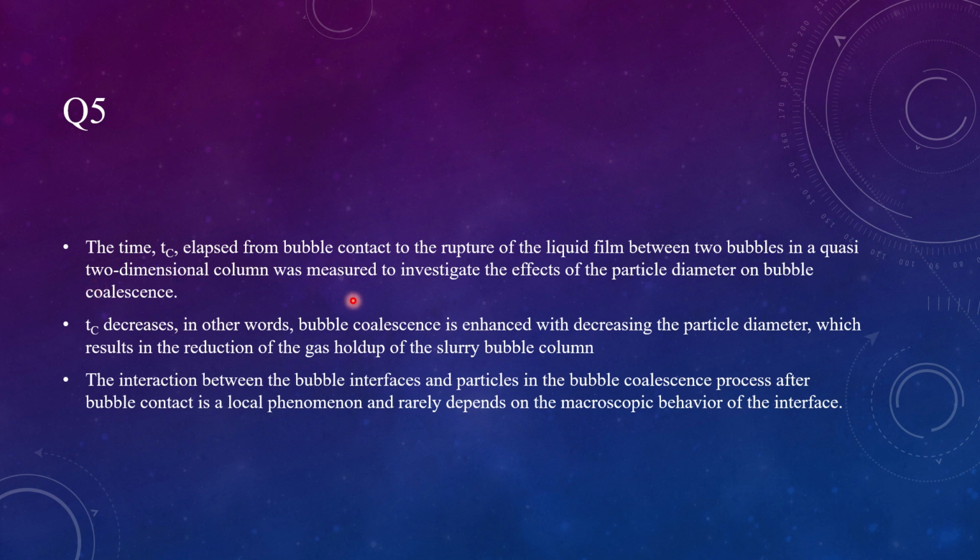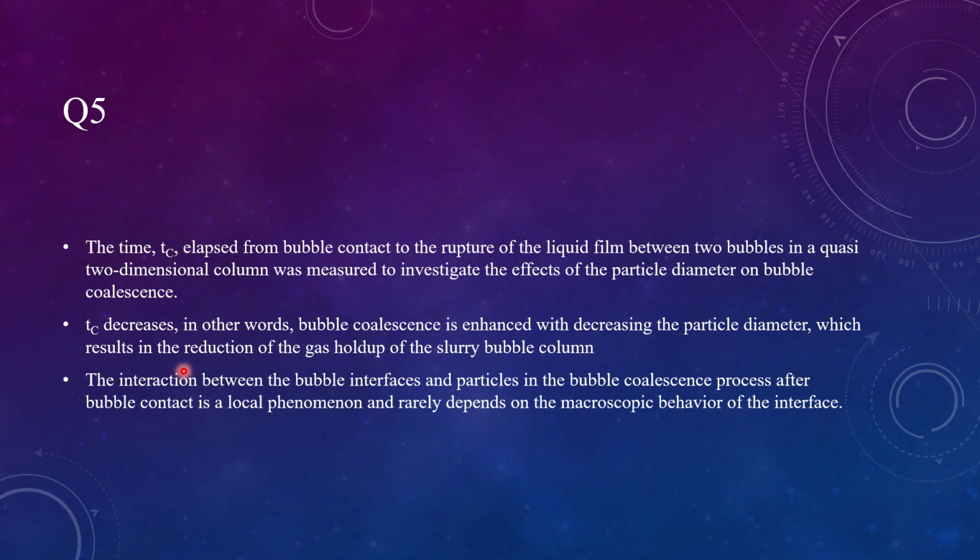It is measured to investigate the effects of the particle diameter on bubble coalescence. That is, the particle diameter's effect on the coalescence of the bubbles in the slurry fluidized bed was analyzed. It was found that Tc, that is the time, decreases.